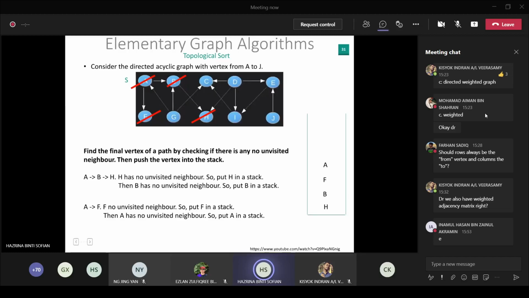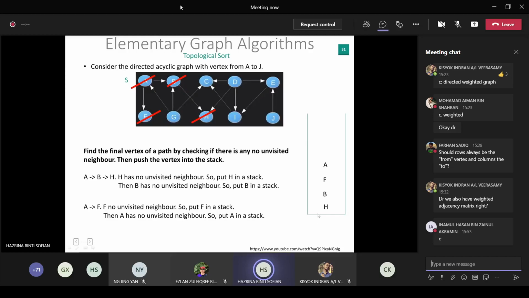Even at this stage, to appreciate the topological sort, we can see this is the ordering. For example, you want to take the course, which one do you take first? This will be the ordering, from the bottom.